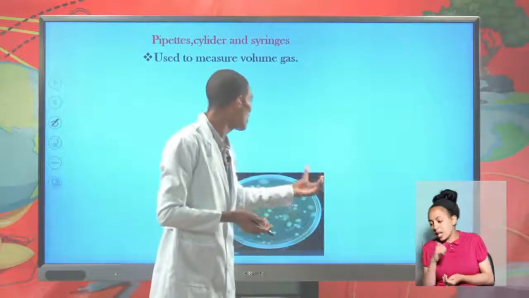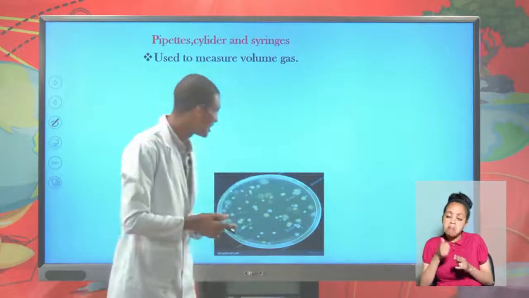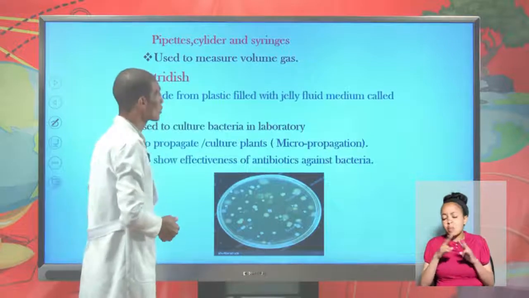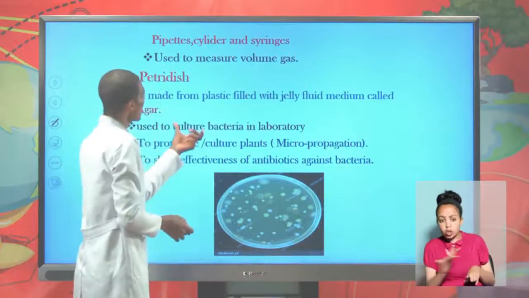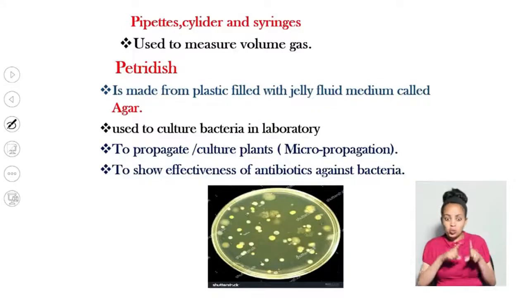So the Petri dish with agar is the most important laboratory tool to culture or grow bacteria, to propagate plants from single plantlets, and to see the effect of antibiotics on strains of bacteria.